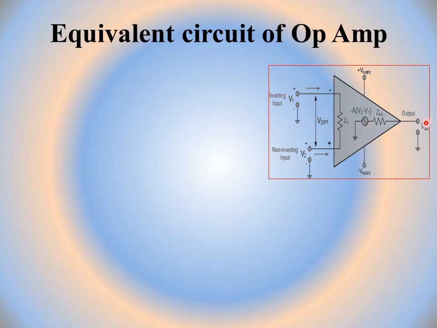The output pin is connected with an output resistance and a voltage source, and this voltage source has the value A VID, that is A times V2 minus V1, and two power supplies are shown. Basically these resistances and the voltage source constitute the equivalent circuit of an op-amp, so working can be decided by these parameters.